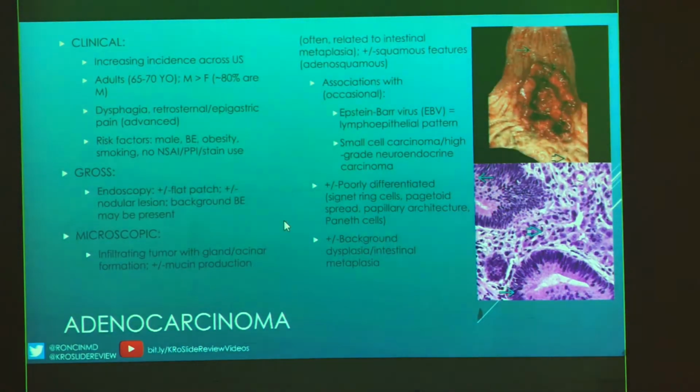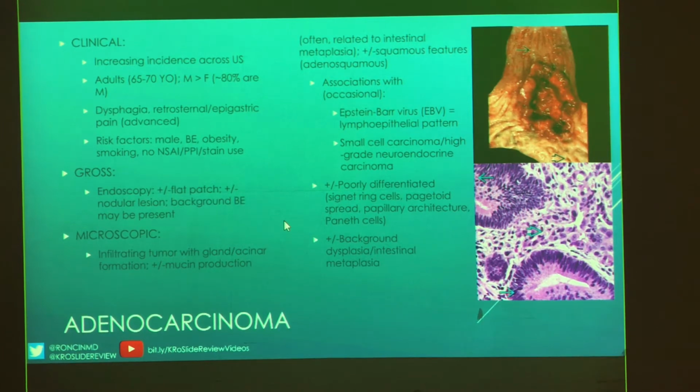There we go, okay. So adenocarcinoma, and very nice ulcerated lesion at the gastroesophageal junction. There was one that I saw the other day on Twitter where a resident had posted a gastric ulcer that looked very similar to this, at least grossly.